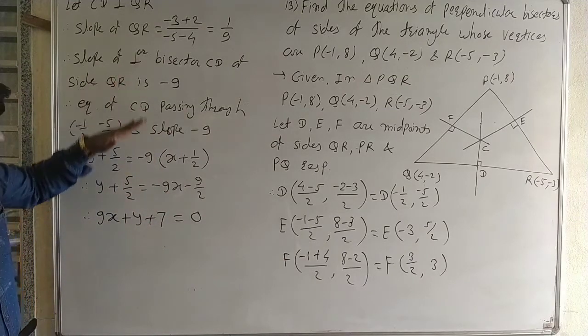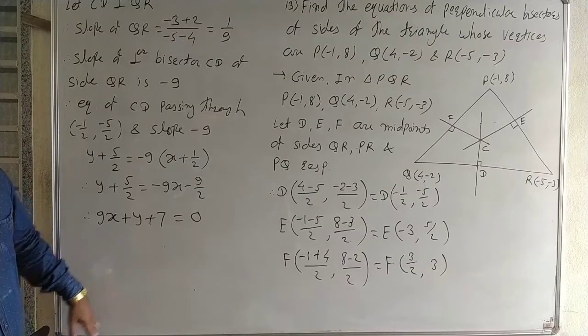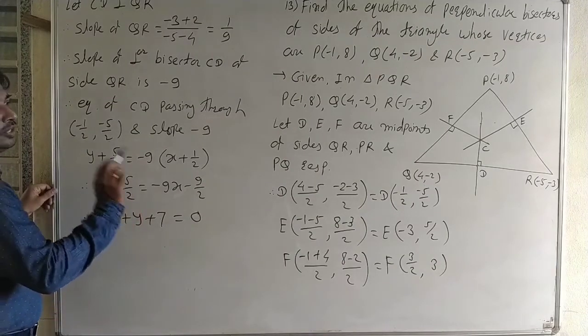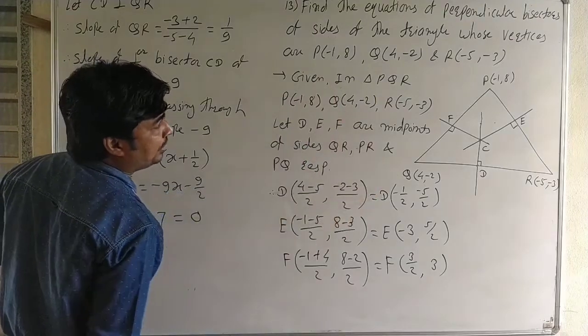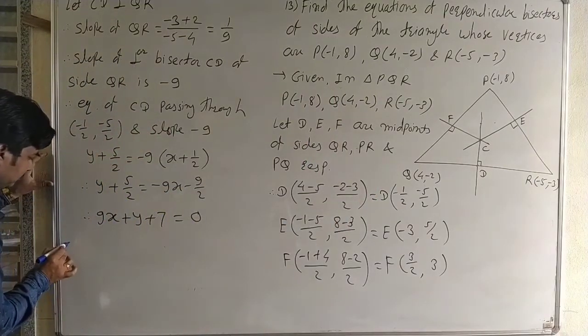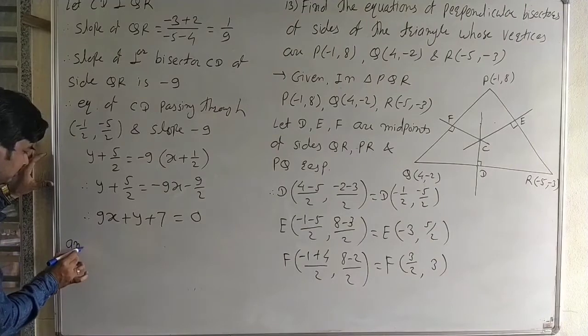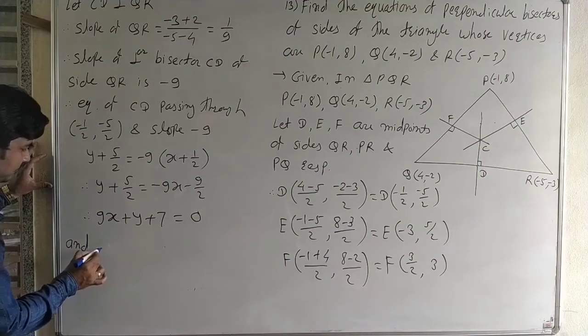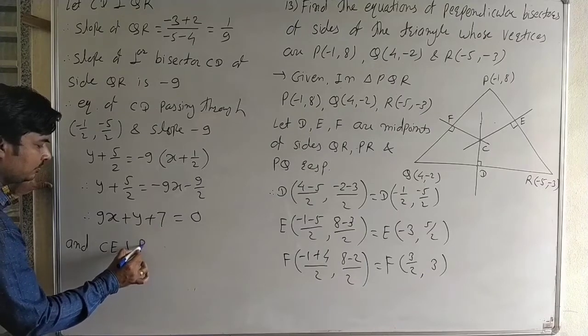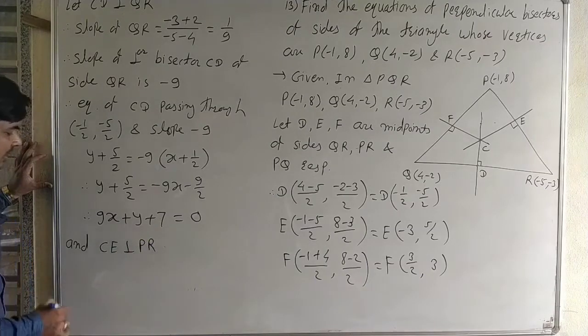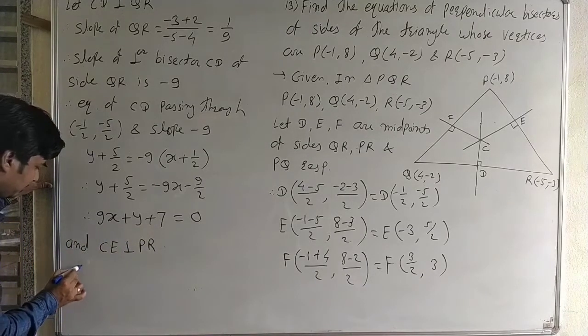Okay, by the same procedure we find the equation of the line which perpendicularly bisects the line PR. Now we can write here CE perpendicular to PR. Therefore find the slope of PR.